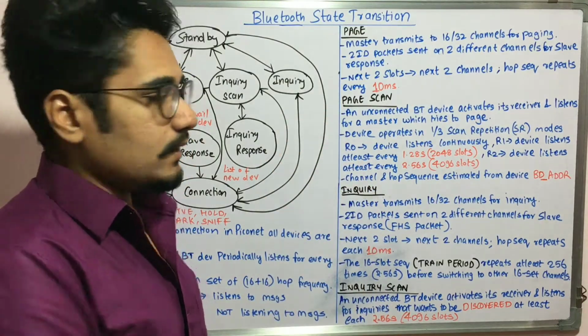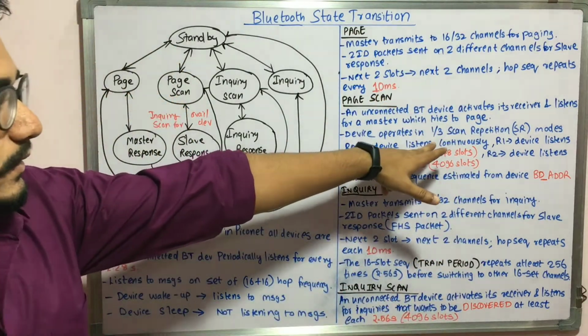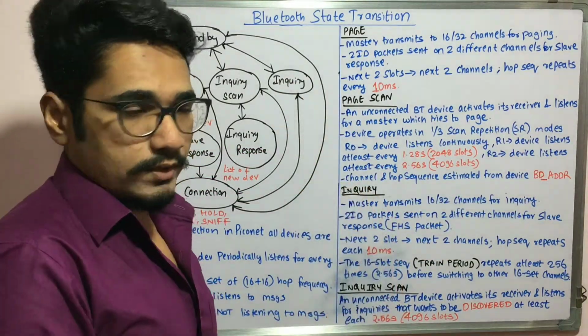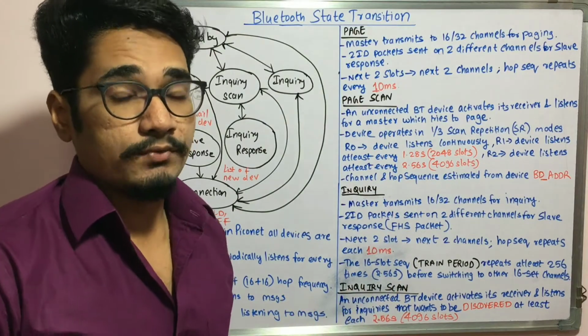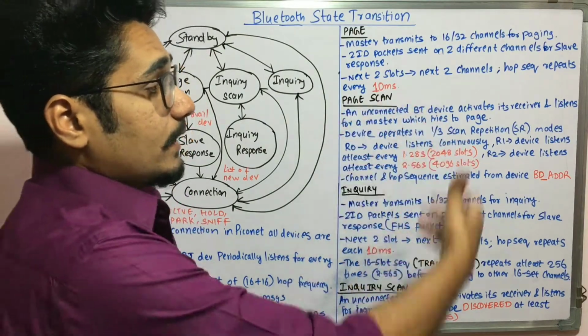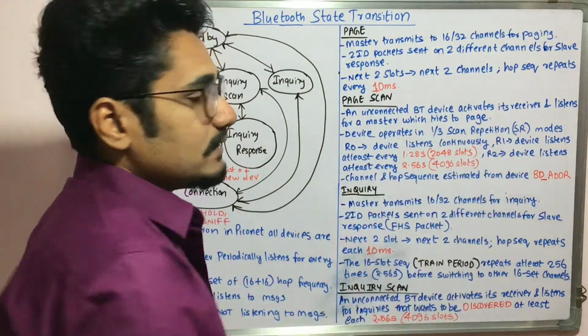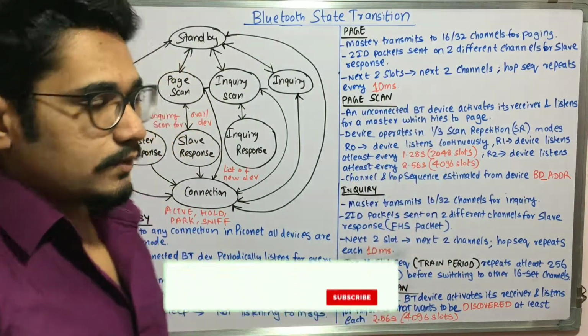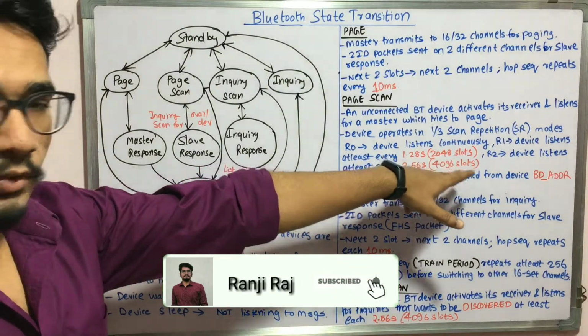The device operates in one of three scan repetition modes. First you have R0, where the device listens continuously for the master which is paging it. Then you have R1, where the device listens at least every 1.28 seconds, which converted to slots makes 2048 slots.